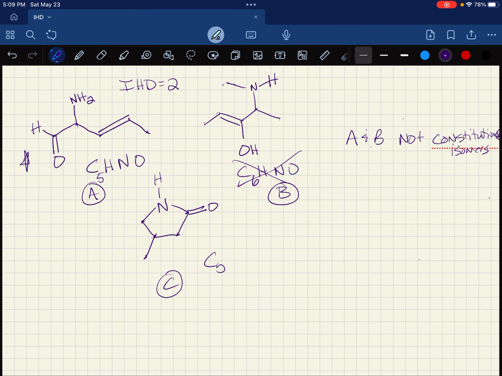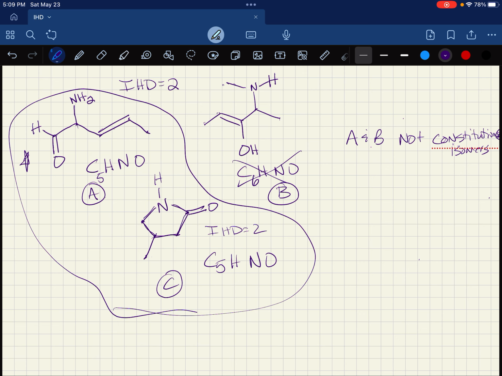Okay, we've got the right number of carbon atoms. We have a nitrogen and an oxygen, and we have 1 ring here, and we have 1 pi bond. So this also has an IHD of 2. So without doing any more work, I can go ahead and say that A and C are constitutional isomers.